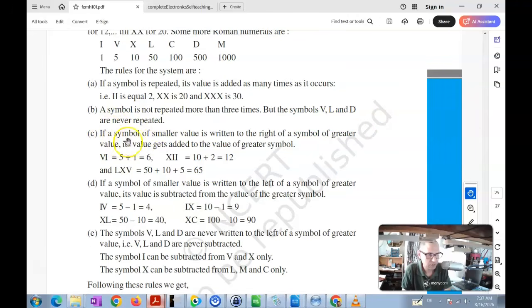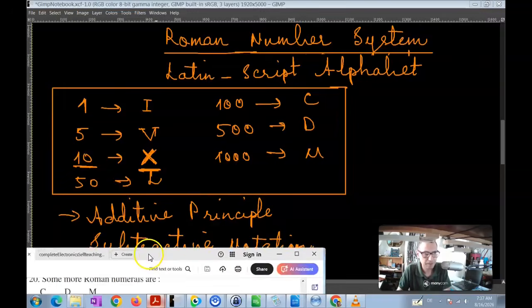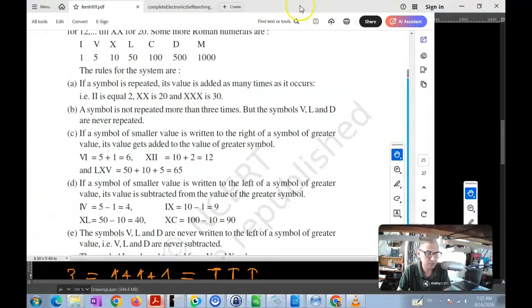Next, essentially, if a symbol of smaller value is written to the right of a symbol of greater value, its value gets added to the value of the greater symbol. If the symbol of a smaller value is written to the right hand side of a greater value, that's essentially what we talked about when we were talking about the additive principle.